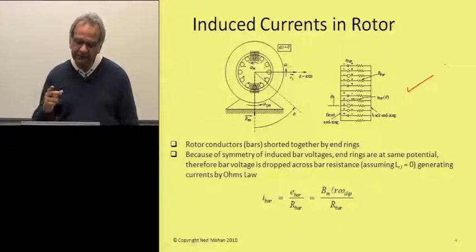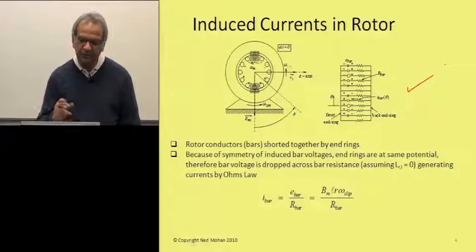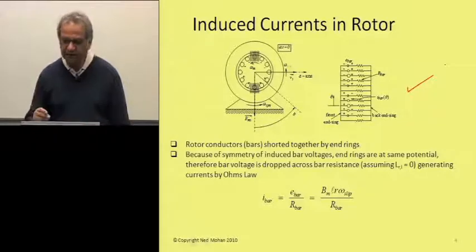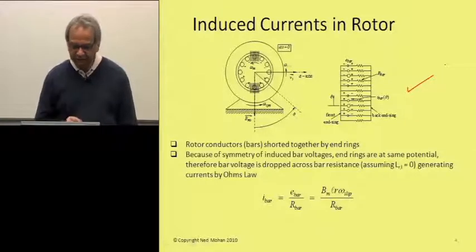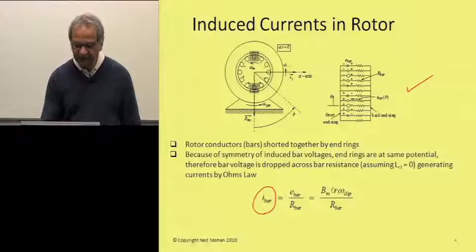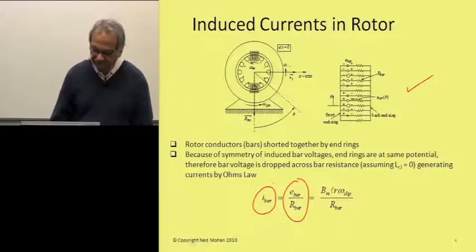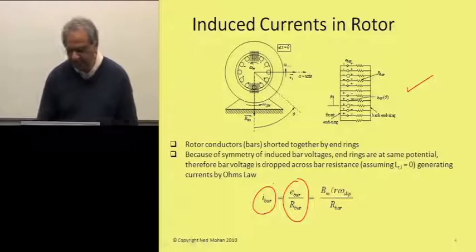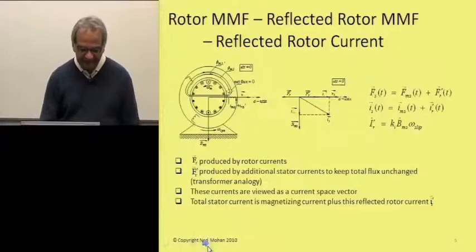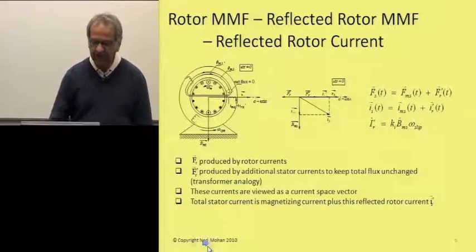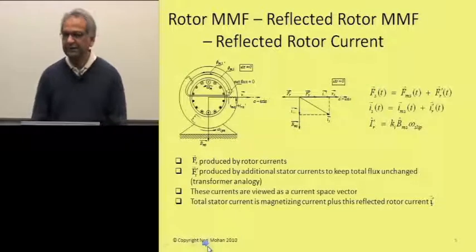Since the induced voltages are sinusoidally distributed, depending upon where the bars are located, the currents would also be sinusoidally distributed. Any bar has a current given by the voltage induced in that bar divided by R bar. So we get this expression, assuming that the rotor leakage is negligible, which is quite often the case under the conditions these machines operate.